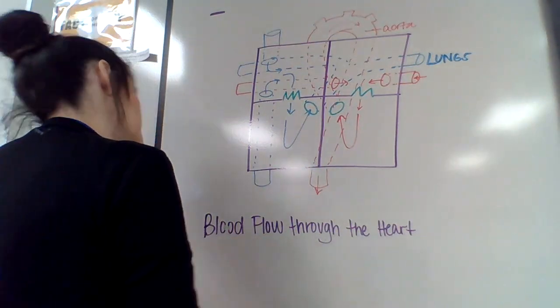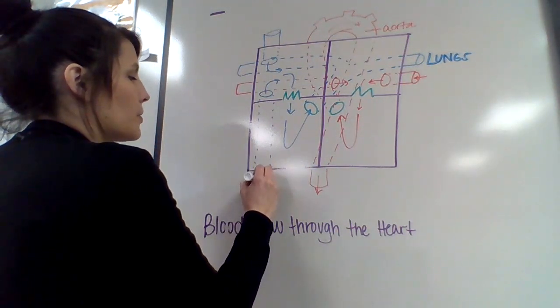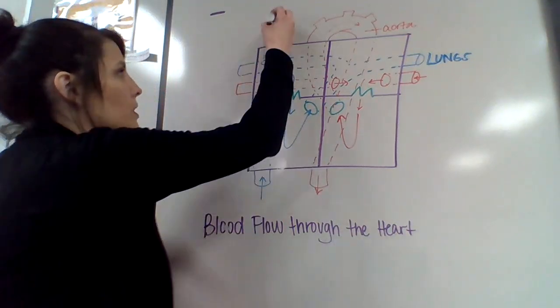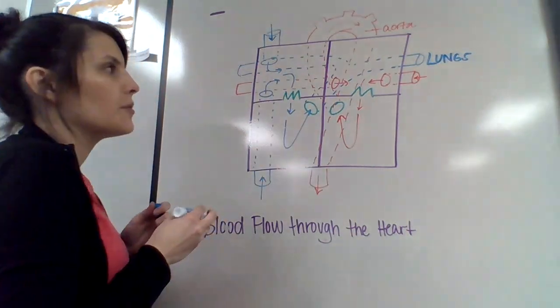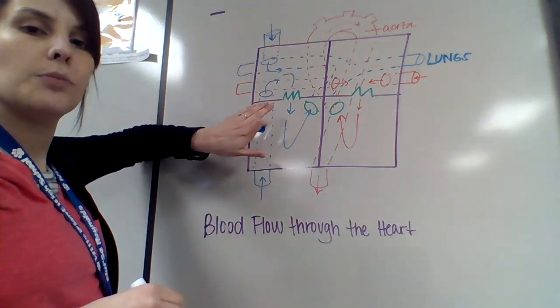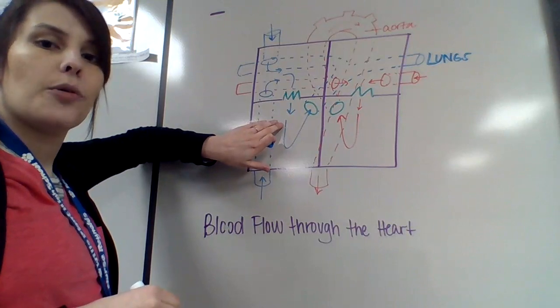It's coming around. Again, reviewing everything that we've learned: the blood is going to come through the inferior and superior vena cava into the right atrium. It's going to go through the tricuspid valve into the right ventricle.